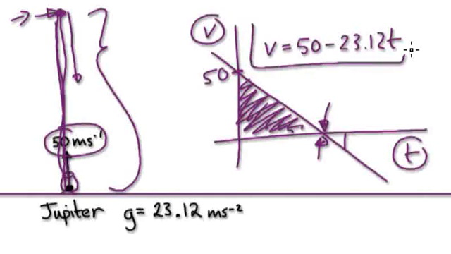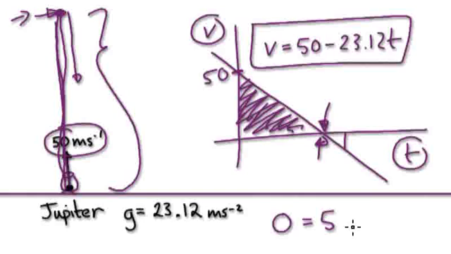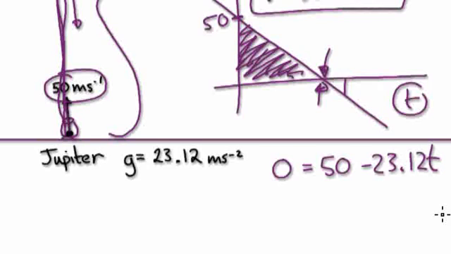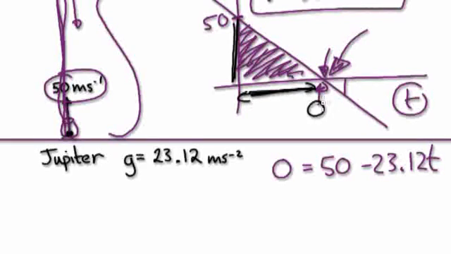Now use this equation here. Put 0 into the v. So 0 equals 50 minus 23.12t, because you're trying to find out the time at which the velocity is 0, which is this point here. Once you've got this time, you can use the height times the width, but you need to know the time first.